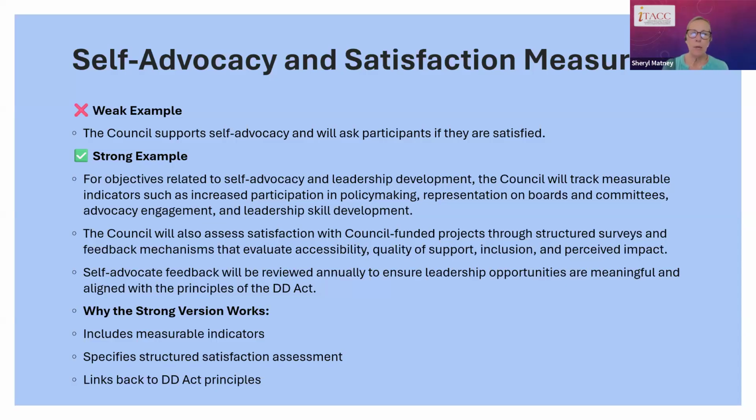Really, any goal or an objective related to self-advocacy, try to include some things like, we're going to track measurable indicators like increased participation in policymaking or policy and advocacy, increased participation on boards and committees, increased engagement in advocacy efforts, leadership skill development.